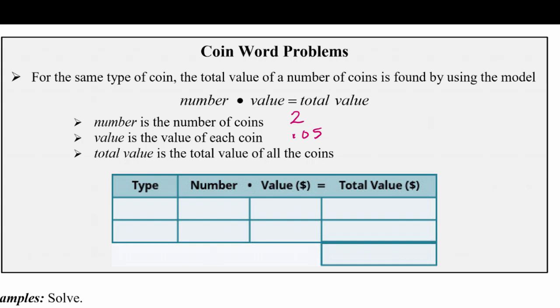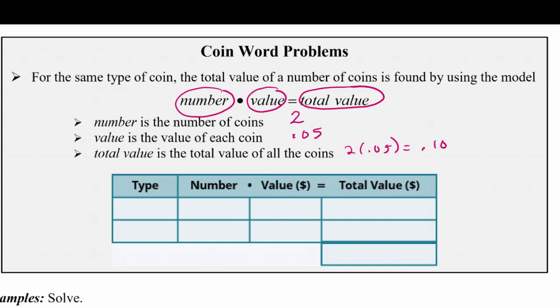So the total value of your 2 nickels is 2 times 0.05, or 10 cents, or 1/10 of a dollar. So multiplying the number of coins that you have times the value of a single coin gives you the total money that you have.